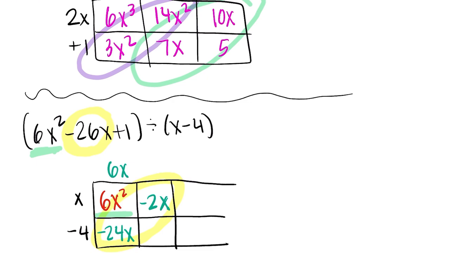What would I have to multiply an x by to get a negative 2x? Should be a negative 2. And then we can multiply to fill in what goes right here. So negative 2 times negative 4 gives me an 8.